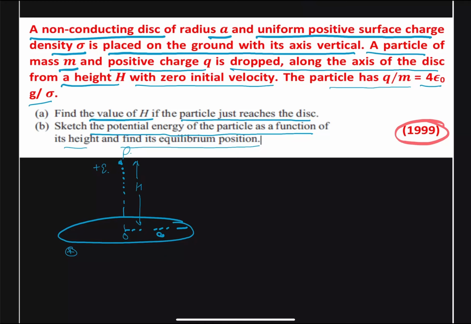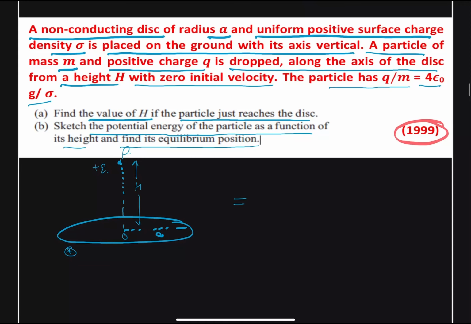So for the sake of discussion, let us say that at a certain point of time, the charge which is dropped from height h, so this is our initial point P, and at any point, let us suppose the charge is at a height x, let us call this P prime. This is the position of the charge that is being dropped, and it is at a distance x from the center O, and this is our radius a.